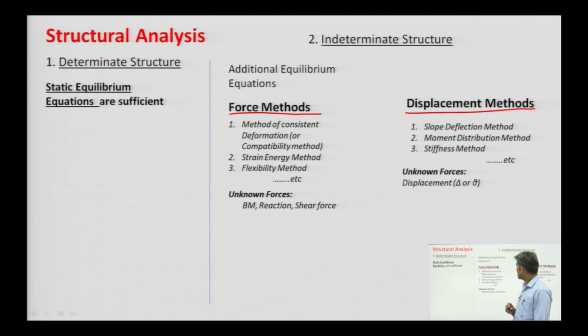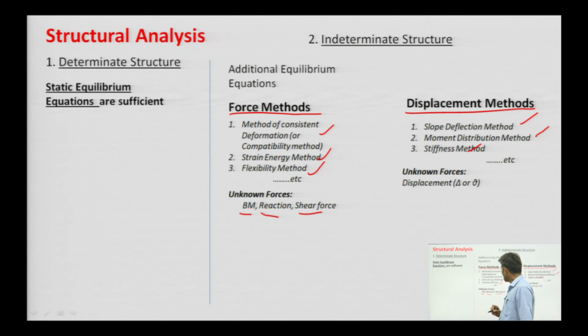The force method has the method of consistent deformation or compatibility method, strain energy method, flexibility method, Kalame-Laghi method, and so many more. Displacement methods are slope deflection, moment distribution, stiffness, and so many more methods under the category of displacement. Unknown forces, in case of the force method, can be bending moment, reaction, or shear force.